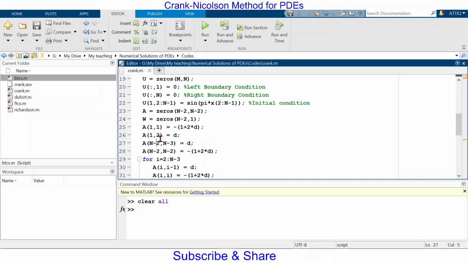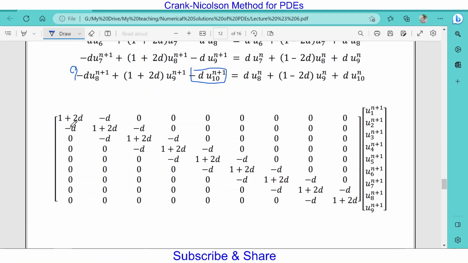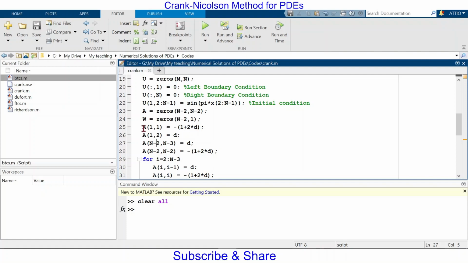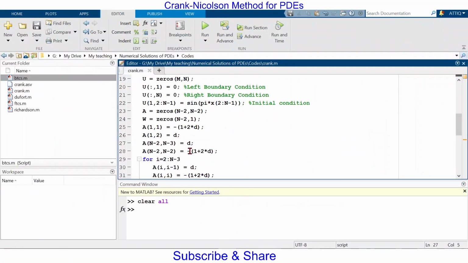Now for the values of A, there is a pattern, from the second equation to the eighth equation, but for the first and the last equation it was something different because there were only two values for the first and the ninth. So a11 value will be 1 plus 2d, while first row second column value is minus d.